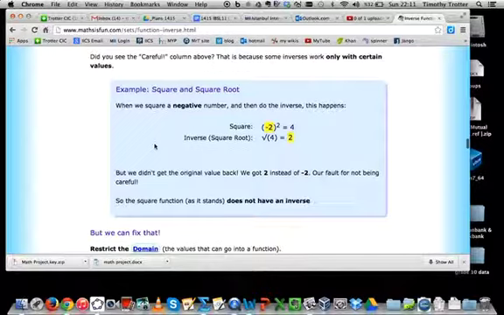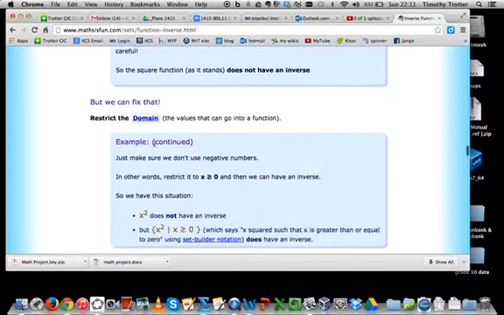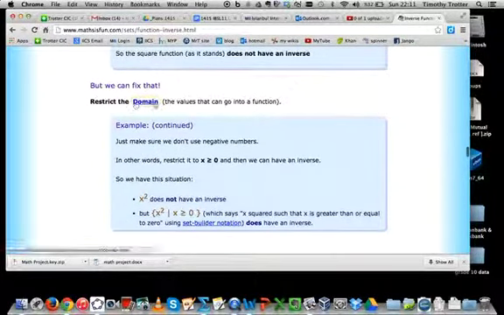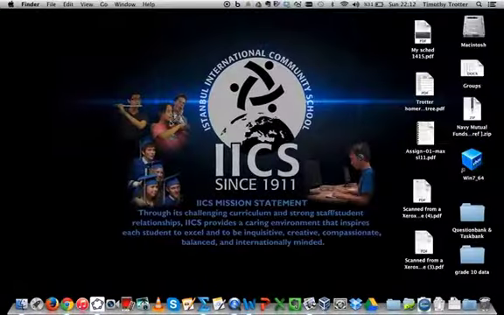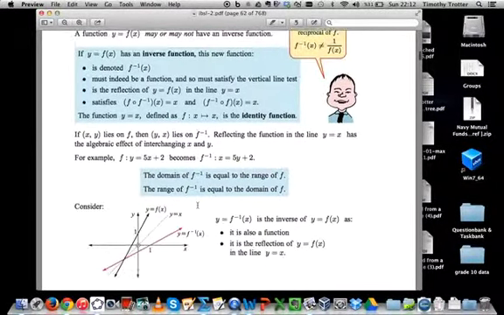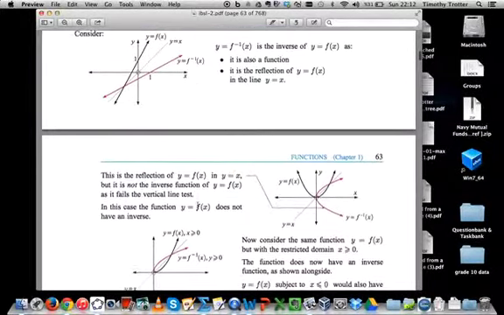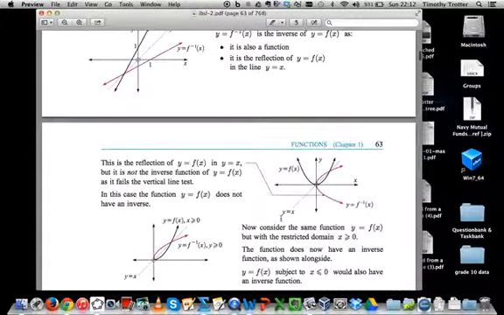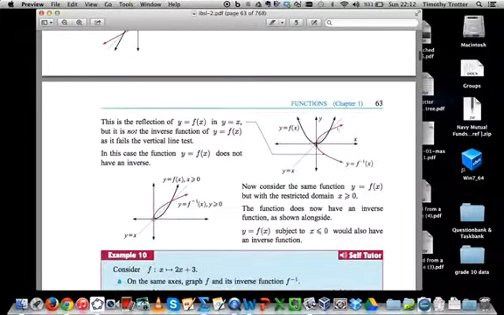One of the things that we can do to fix this is restrict the domain. What does that mean? Well, we've seen that there are issues with the y equals x squared function here, but what if we were to only look at the portion of our graph that was positive, making the domain x is greater than or equal to 0.